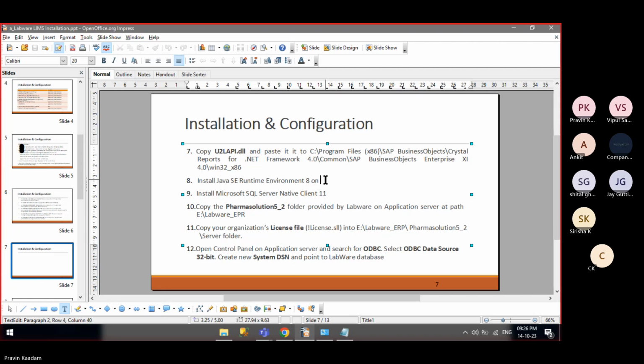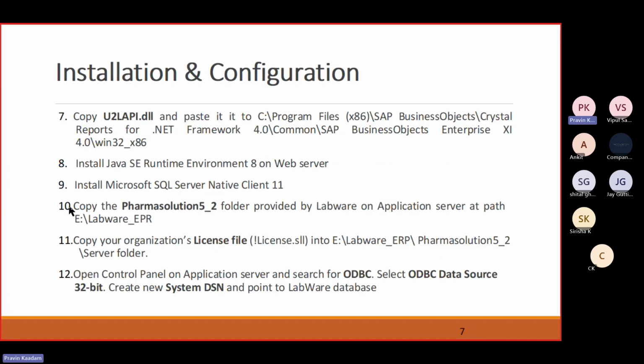Whatever else I'm writing is for the application and database server or the client machine, but Java runtime environment is required only on the web server. Next, SQL native client. This is required to connect to the database server from the application.